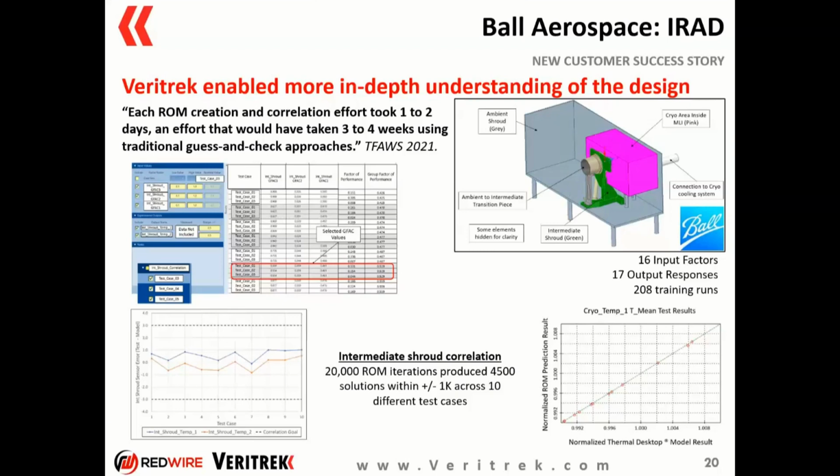They used this to successfully correlate those 3 different thermal models. This is an effort that typically would take them 3 or 4 weeks, and using Veritrek, it took 1 or 2 days. So, a pretty significant reduction in the amount of time to get this done.